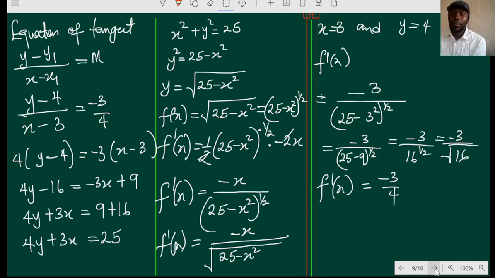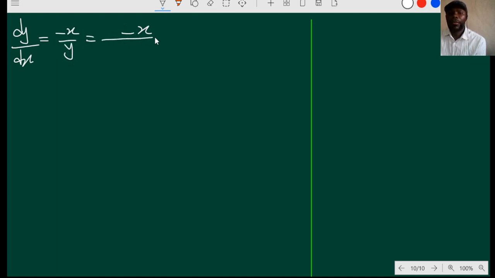It shows us here that our dy/dx is equal to minus x over y, also minus x over the square root of 25 minus x squared.